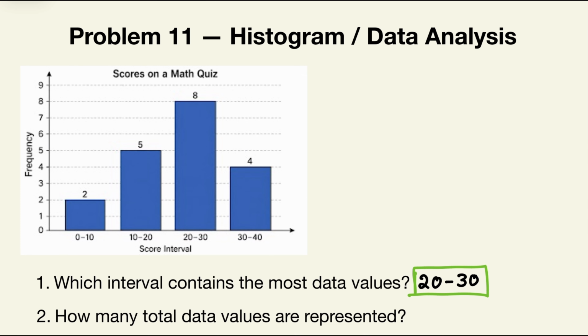So there are 19 total data values represented, and that is 19 right here. Okay, now a common mistake here is forgetting to add all frequencies together. So be sure you're doing that. Let's go ahead and move on to the last problem.